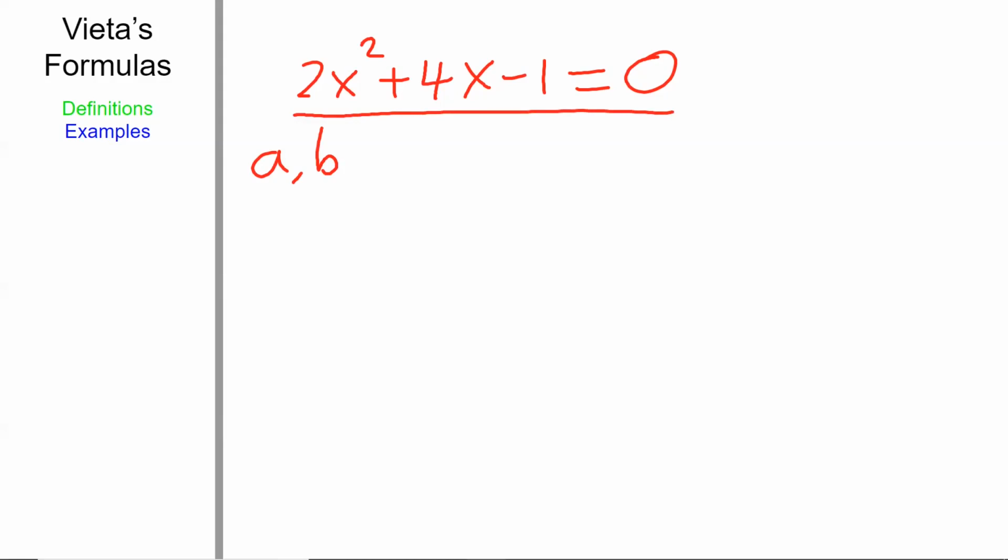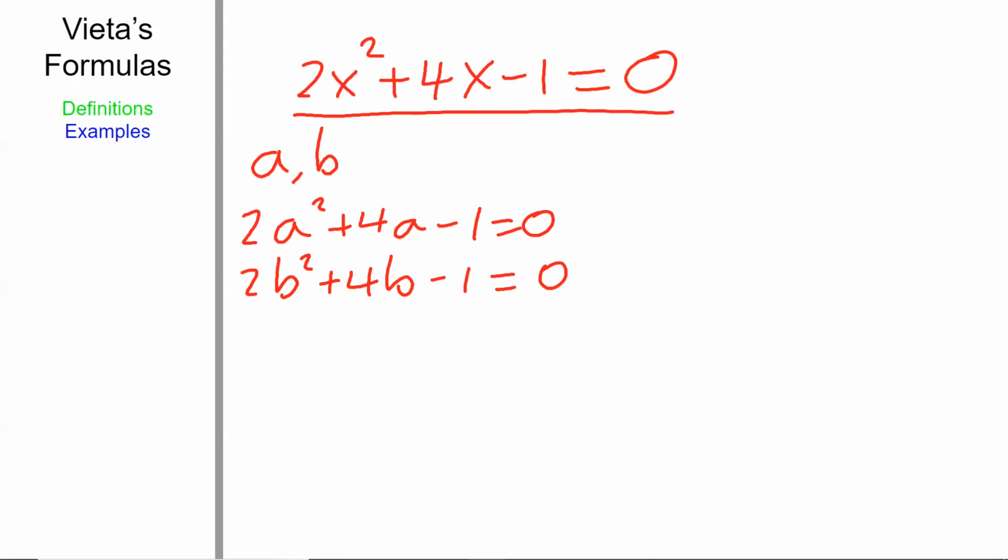So for example, 2a squared plus 4a minus 1 is equal to 0. And that also means that 2b squared plus 4b minus 1 is equal to 0. So these equations both hold true.